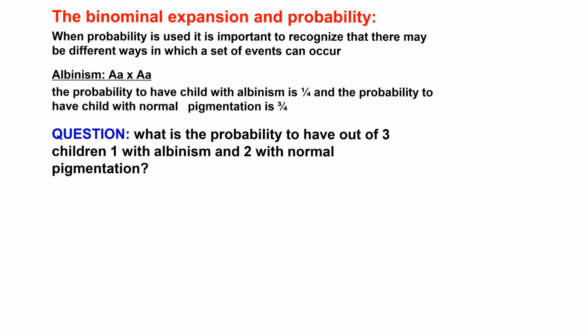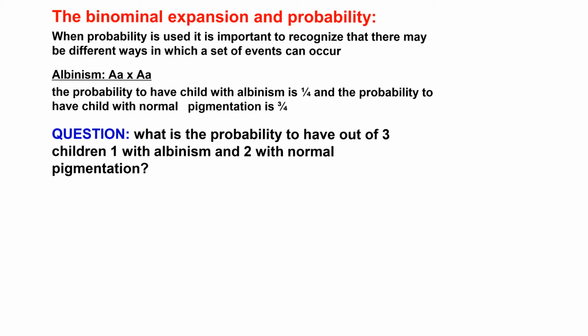Now I would like to stress that there are many different forms of albinism. But for this purpose, we would just consider the simple one, which is autosomal recessive, in which the children or albinos are not able to produce melanin.